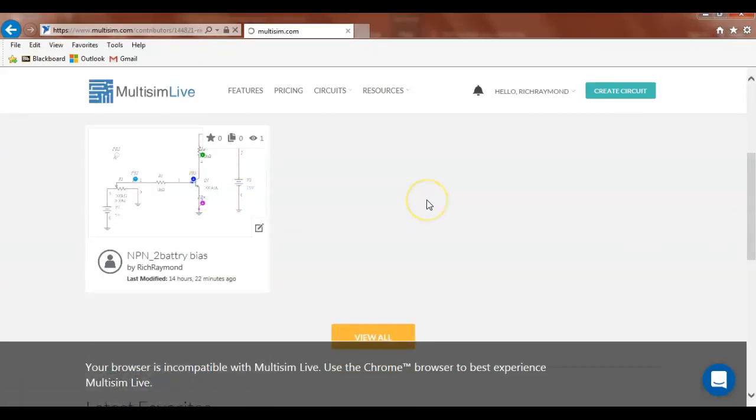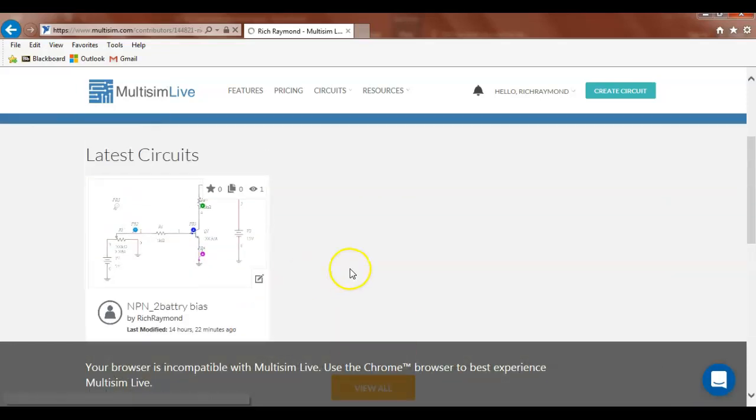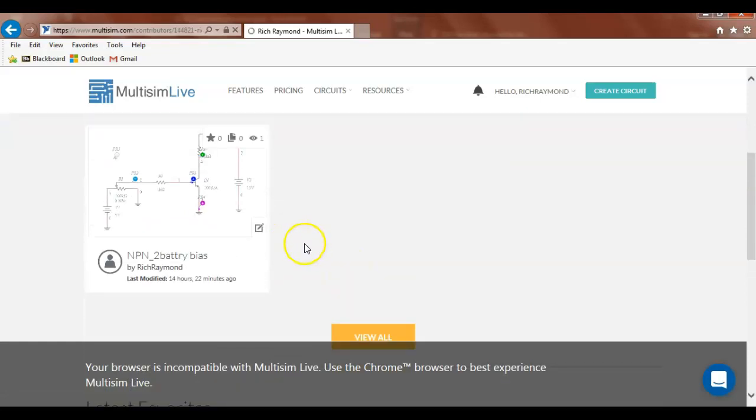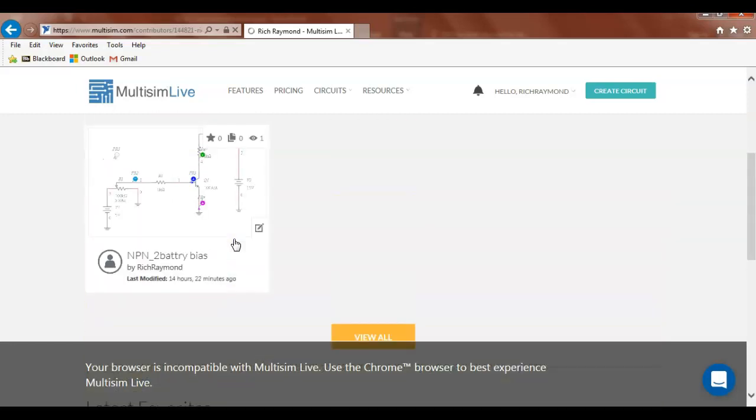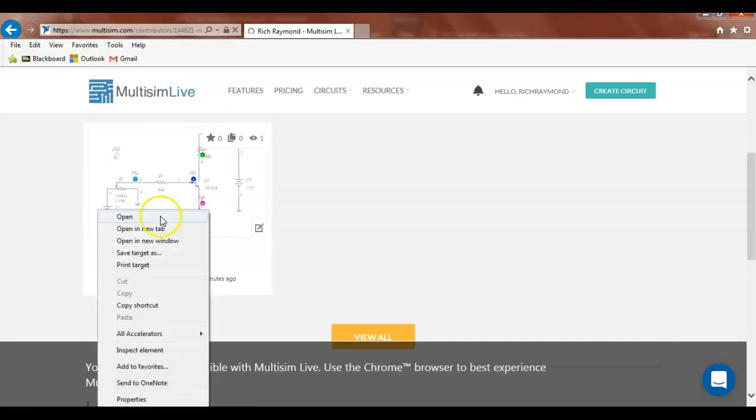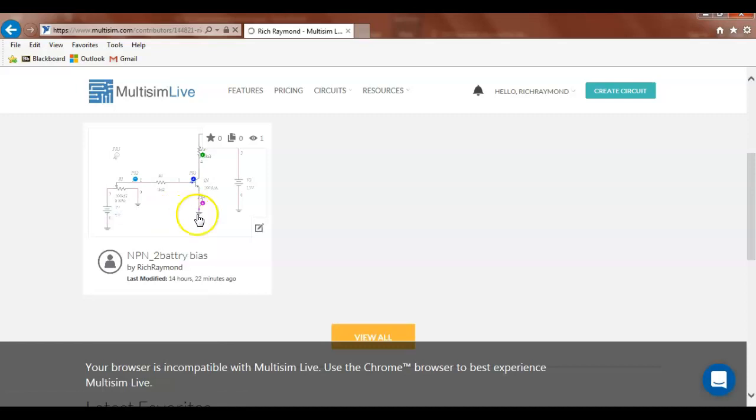So here's a circuit I saved. Right now, we're going to start off with a two supply bias. Later on, we'll show you how most of this is done. Like I said, I'm used to the other one.